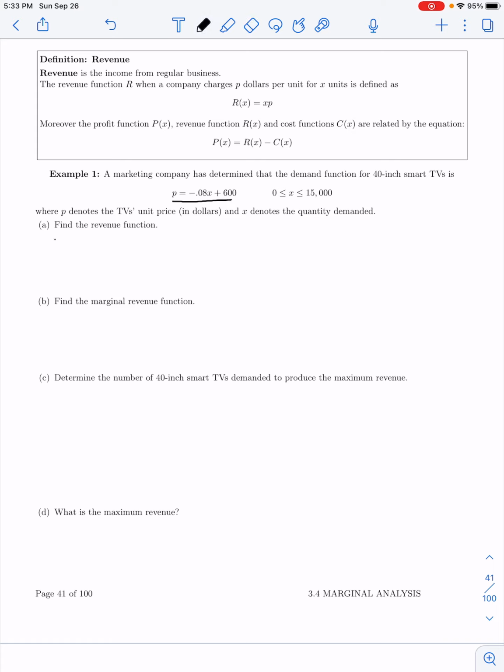So first thing we can find is the revenue function. I'm going to write out the formula again. The more we write it, the easier it's going to be to remember. So revenue is X times P, number of things you sell times the price you sell them for. So for this one, it's going to be X times our P above, which is negative 0.08X plus 600. And then we need to distribute here. So our overall revenue function, we're going to multiply the X through.